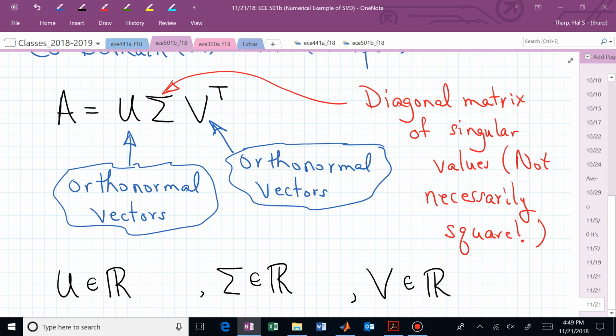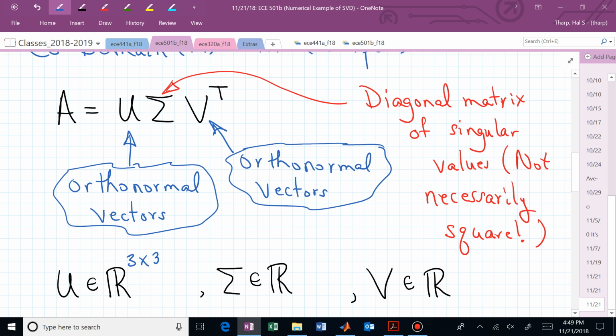Well, we know that U needs to be compatible with A, and U tells us the output dimension. We have 3 rows in A, so U has to have 3 rows, but we said it was orthonormal vectors, so U has to be square, and it needs to be 3x3.